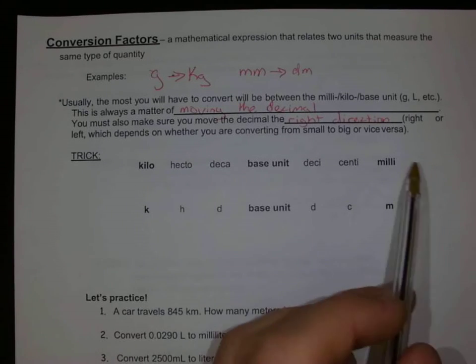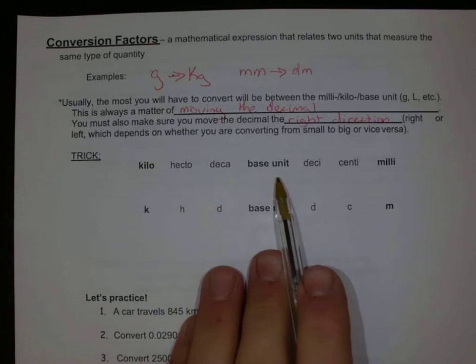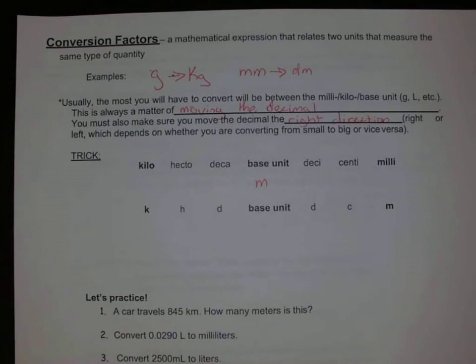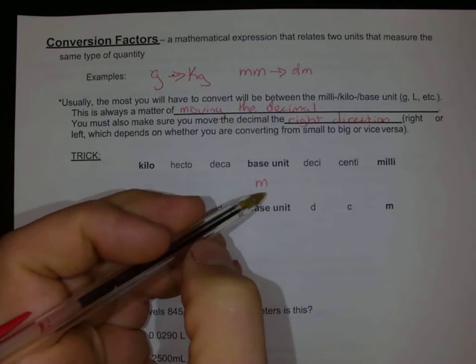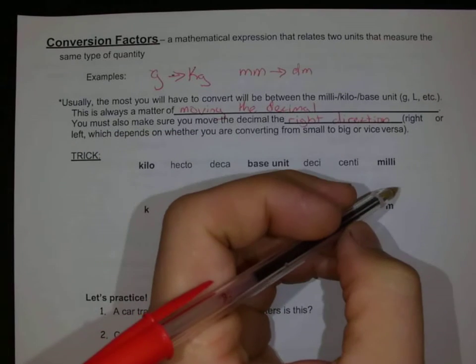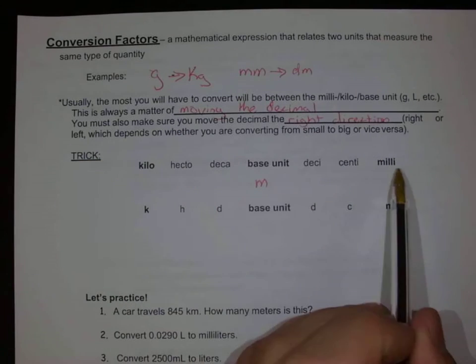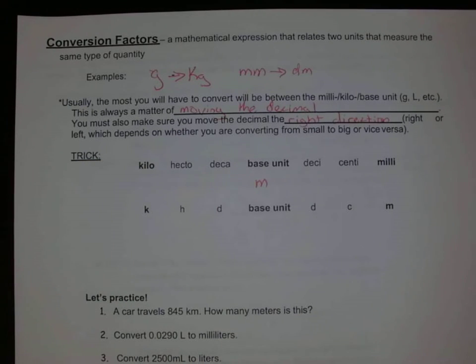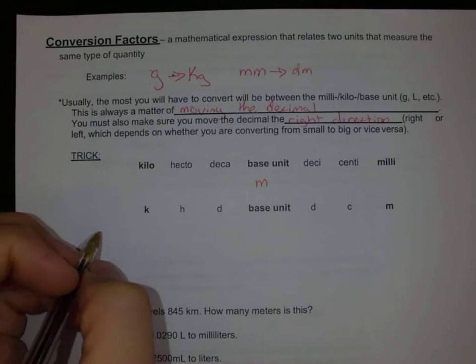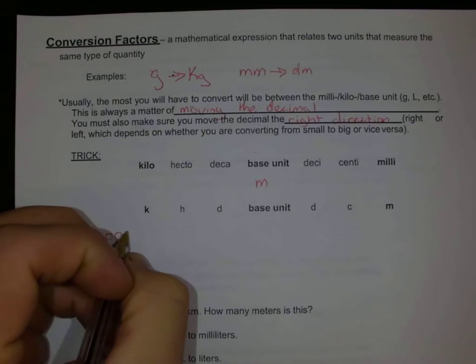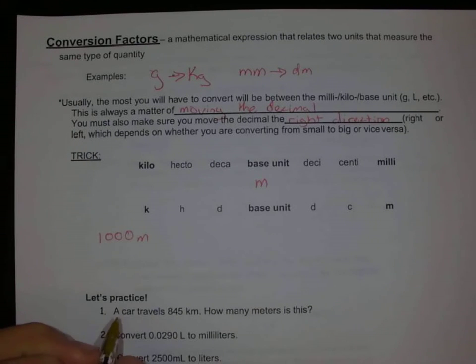So what we are doing here, we've got our base unit, right? This would be like a meter. And maybe we're going from meters to millimeters. We want to move the decimal to the right to get our millimeter, okay? So an example here, right? Say we have 1,000 meters.